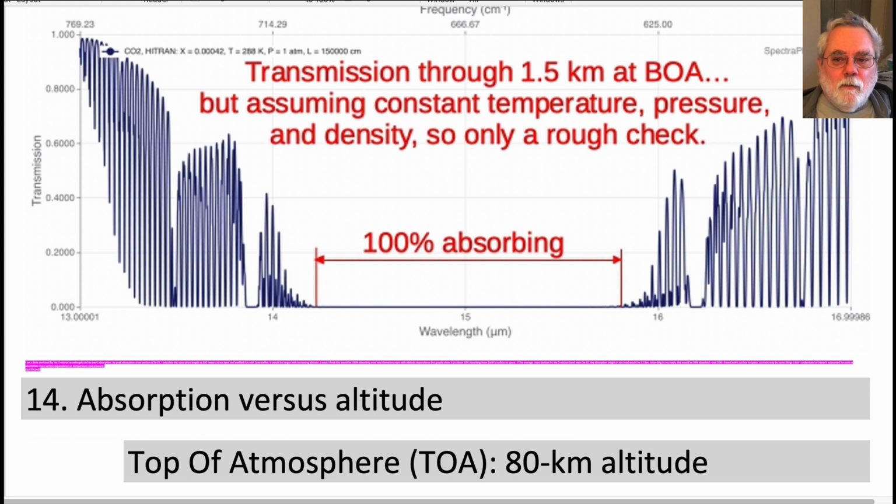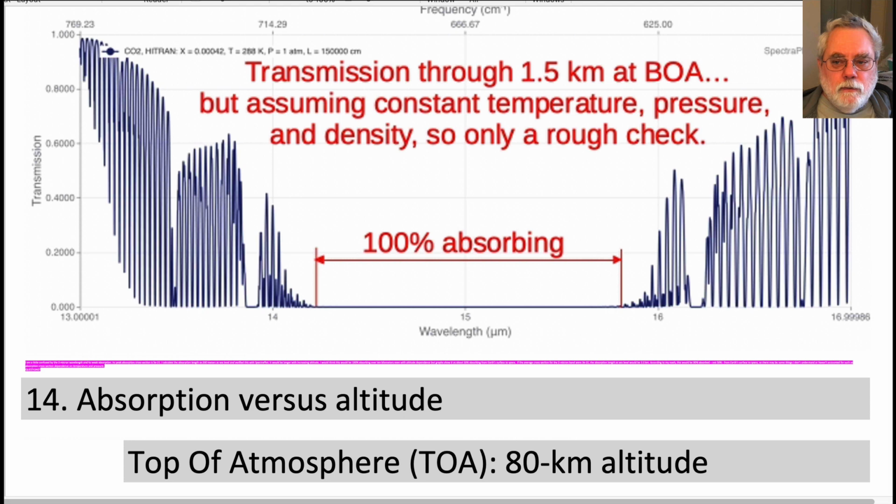When considering thermal radiation reaching the top of the atmosphere outward from Earth, we have to include thermal radiation emitted from all altitudes of the atmosphere, as well as thermal radiation emitted from Earth's surface, and absorption at each altitude of the atmosphere.